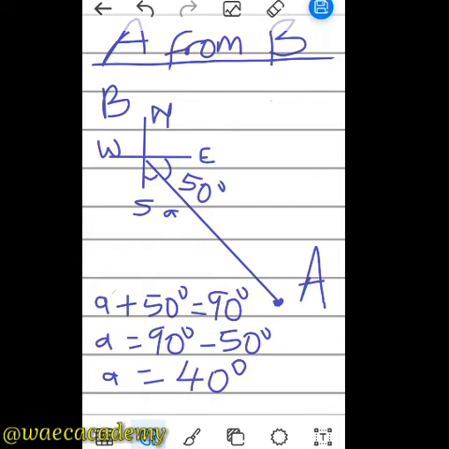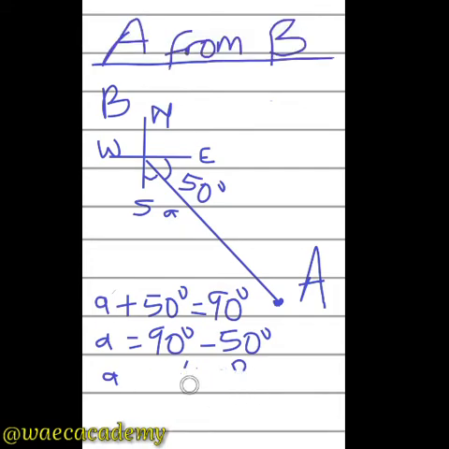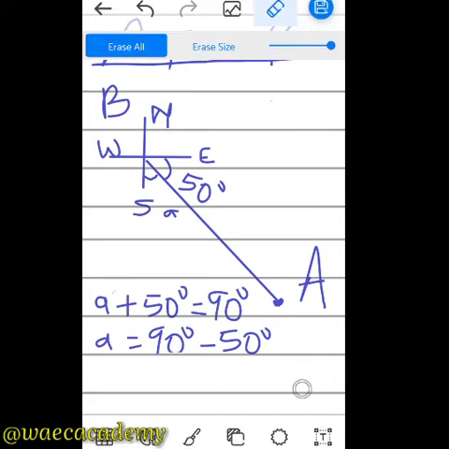And if A is equal to 40 degrees, and we know that the bearing is the angle between south and A, it's basically easy for us to solve it. So let's create a little bit of space over there so that we can get that answer. We know that the angle is already 40 degrees, no problem.